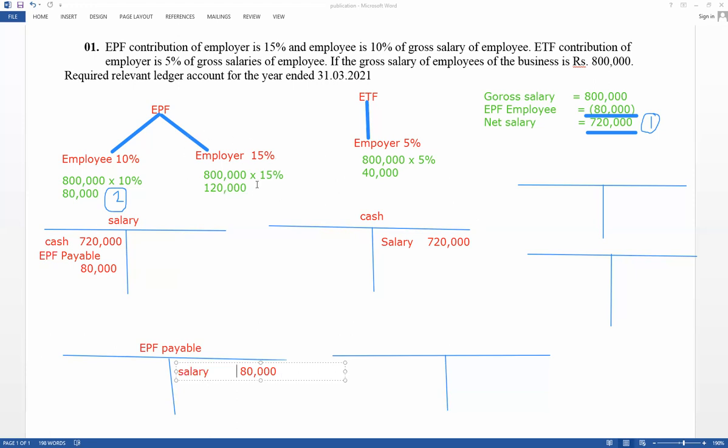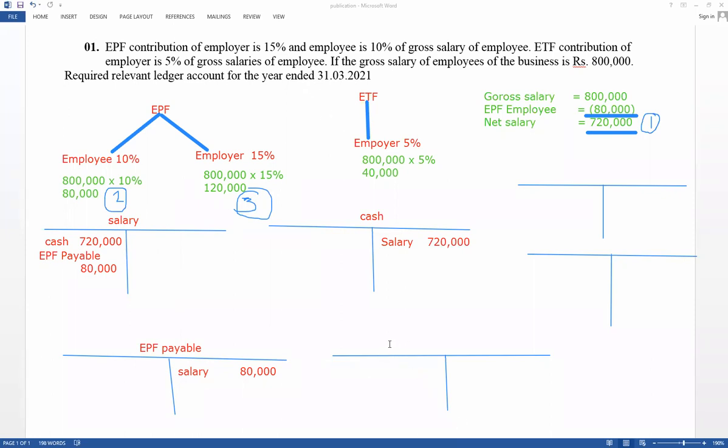Then the EPF contribution of employer, that is step number 3. The contribution of the employer is not part of salary, so this one is not posted to the salary account. Therefore, this is another expense: EPF expense account debit, EPF payable account credit.